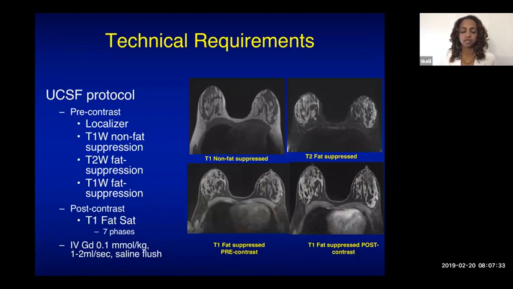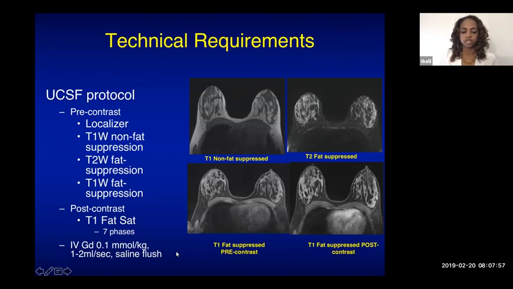If it was for implant evaluation, then a contrast will not be used. But for screening and diagnosing of cancer, these are the sequences we normally obtain: T1 non-fat suppressed before contrast, T2 fat suppressed before giving contrast, and then again pre and post contrast T1 fat suppressed images.